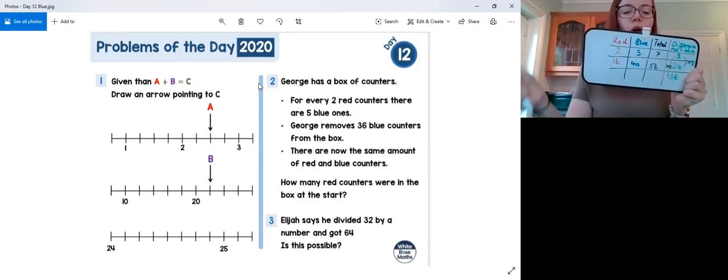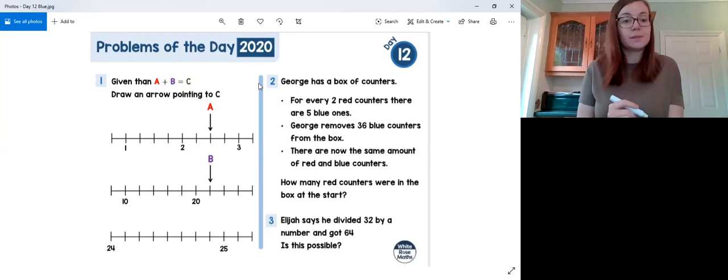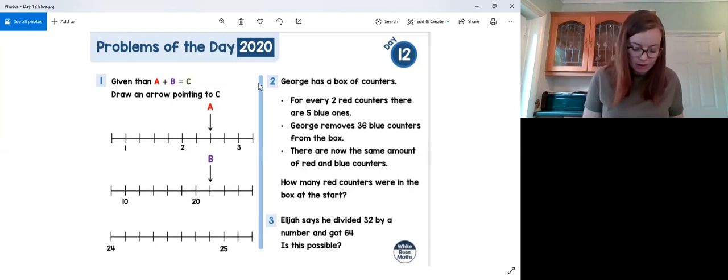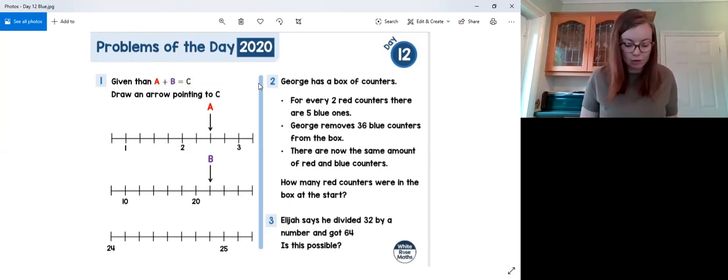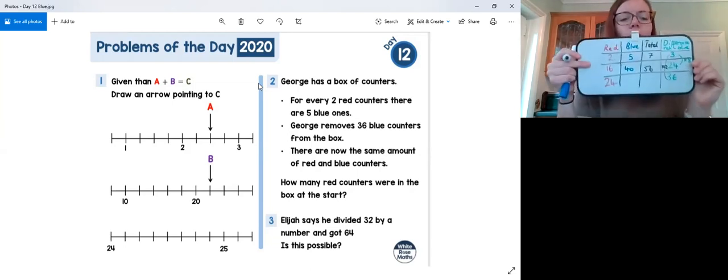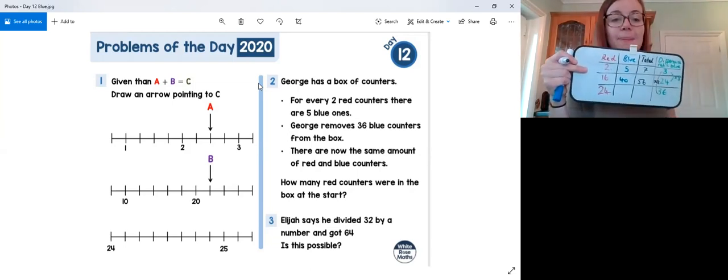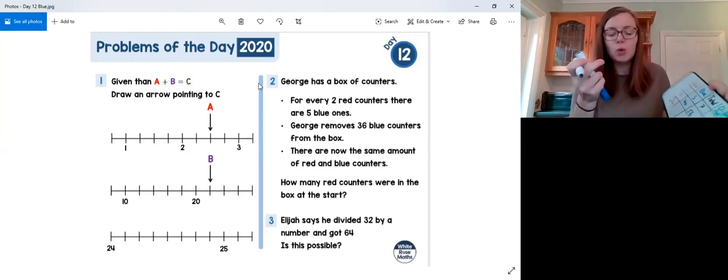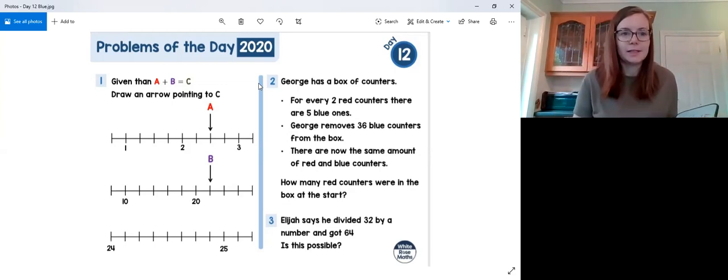So let's do 2 times 12. 2 times 10 is 20. 2 times 2 is 4. So that will give me, or I better keep my colour matching, that will give me 24 red counters. What is 5 times 12? Well, if I do 5 times 10, that's 50. And 2 times 5 is 10.